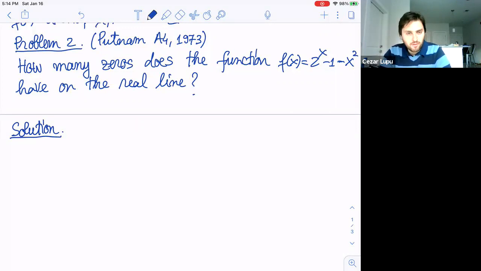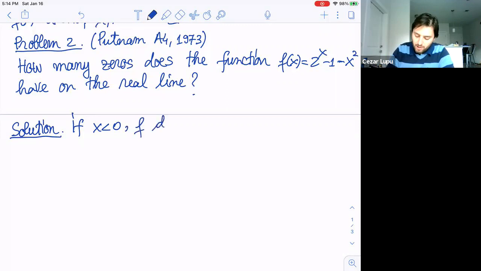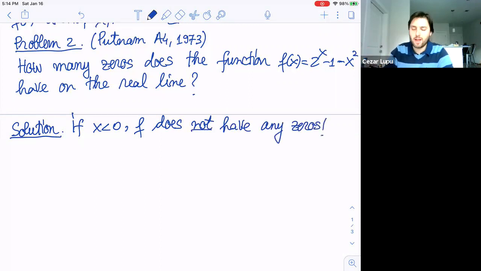Well, let's do a case study first. Let's see what happens if x is negative. Well, if x is negative, we want to eliminate this possibility right away. f doesn't have any zeros. And why is that?